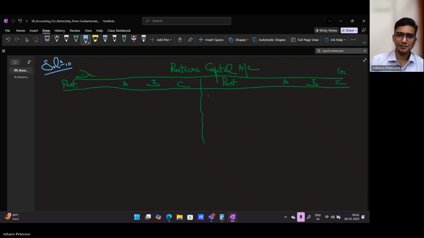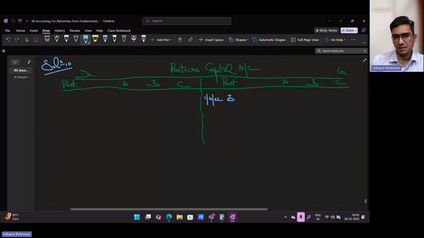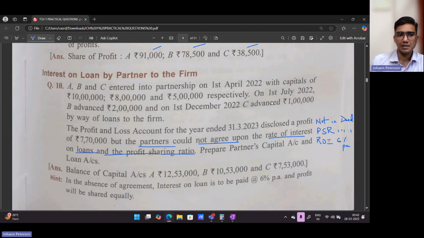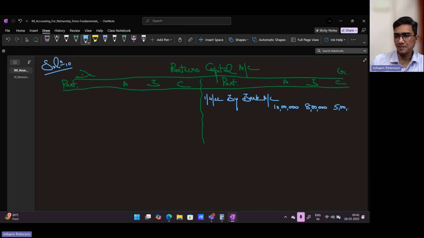This is a normal format. Now, as we saw, 1st of April 22. Here we are going to write by bank account. Amounts would be 10, 8, and 5. 10 lakh, 8 lakh, and 5 lakh.